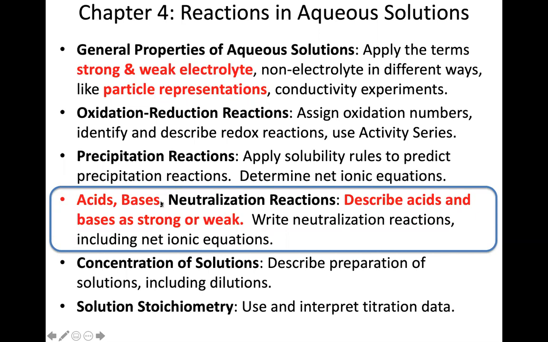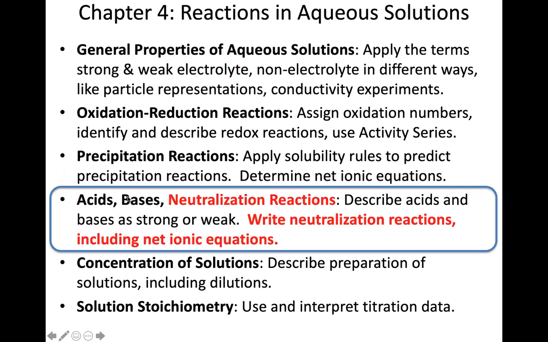We will tonight. We want to be able to take those acids and bases and then see what happens when they combine, when they react with each other in what's called a neutralization reaction.